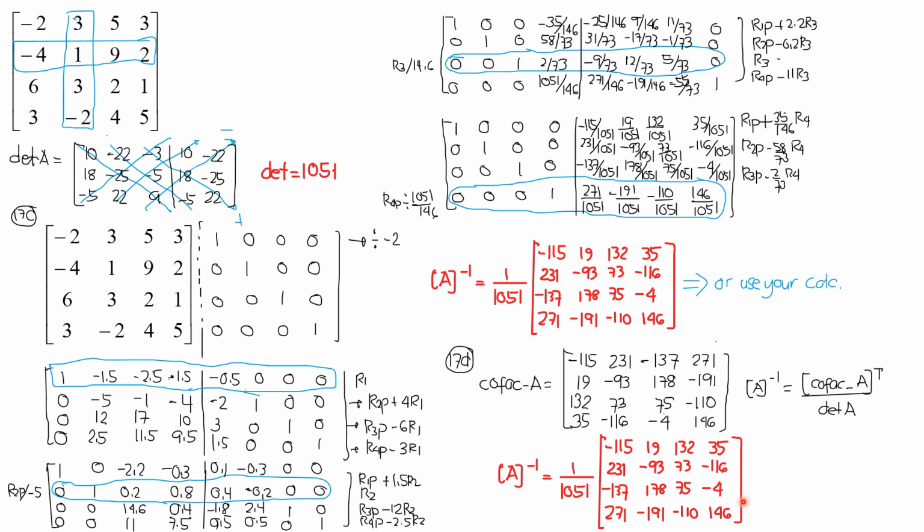So we get this, and by definition, these are the cofactors of A. By definition, the inverse is the transpose of the cofactor matrix, the adjoint of A, divided by the determinant of A. So this is the determinant of A. When we transpose this 4 by 4 matrix, this row becomes a column. Row 2 becomes column 2, row 3 column 3, row 4 column 4. So that's it. That's the inverse of matrix A.